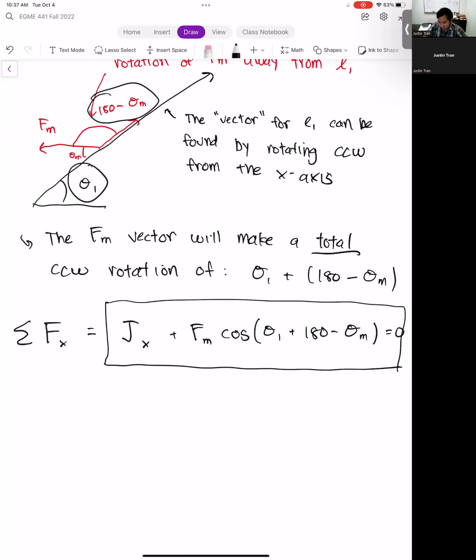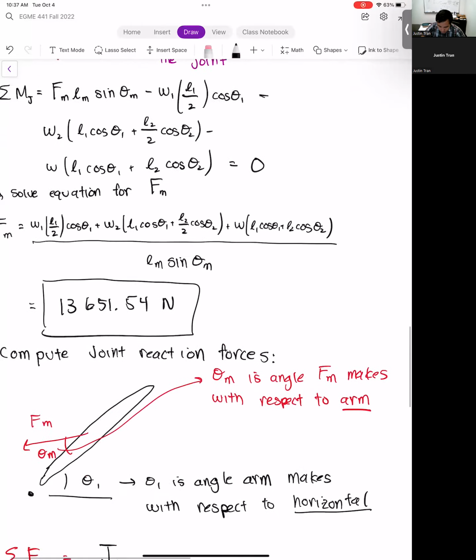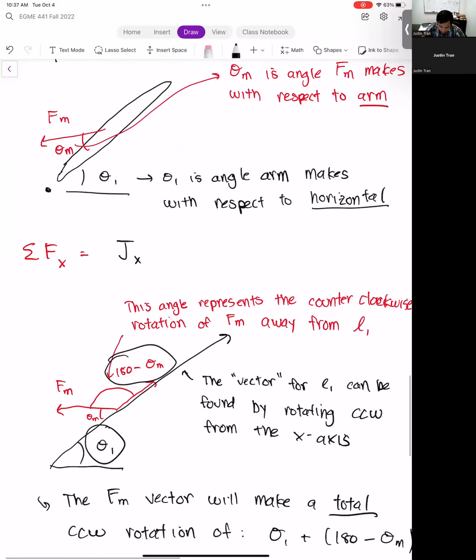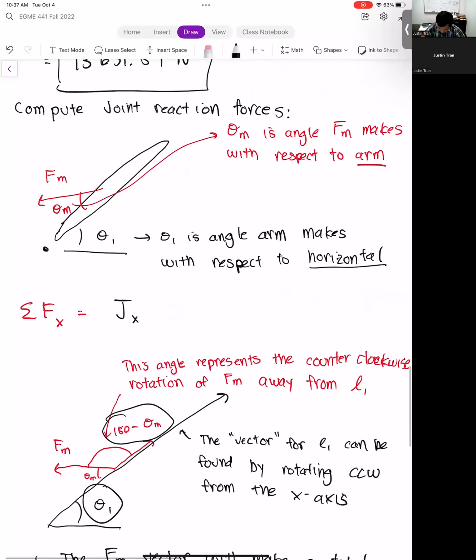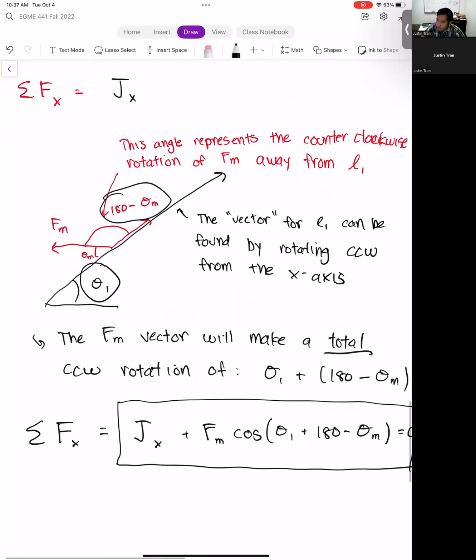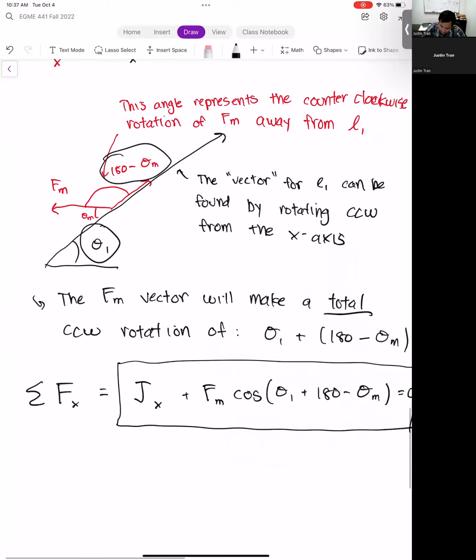And so we're back to using our typical form here for cosine, right? Because what was our condition before? The condition for using cosine, I erased it, but the condition is that this angle right here is the angle that the vector makes compared to the horizontal.